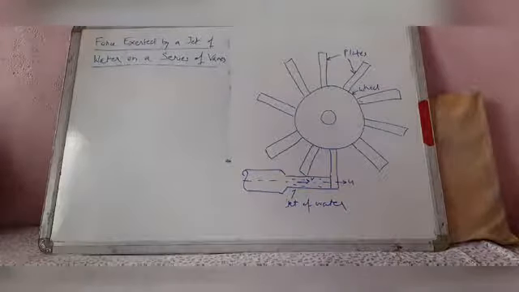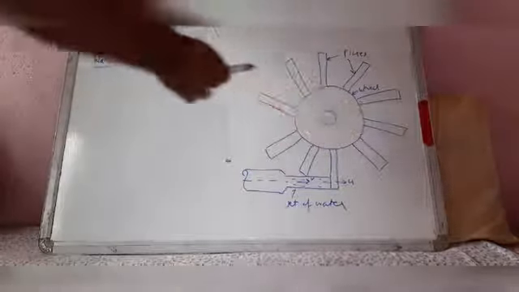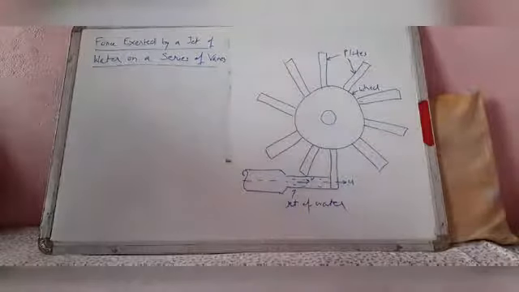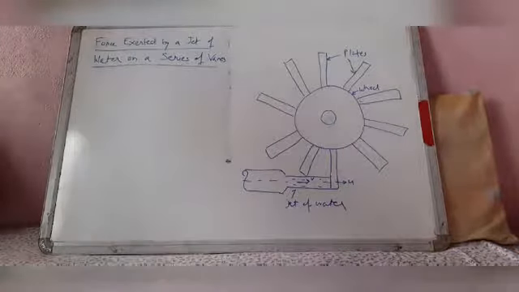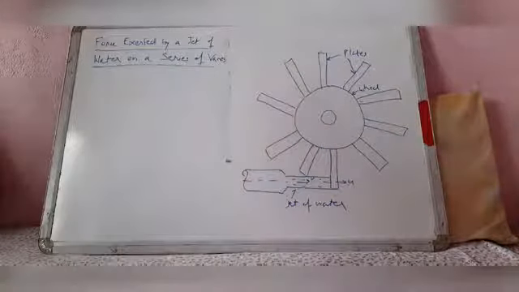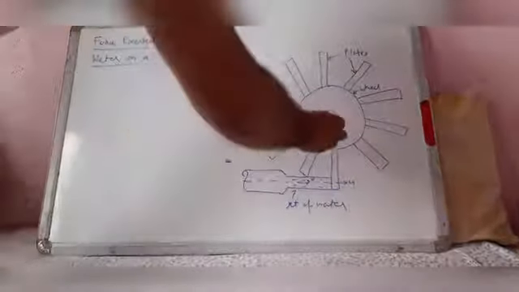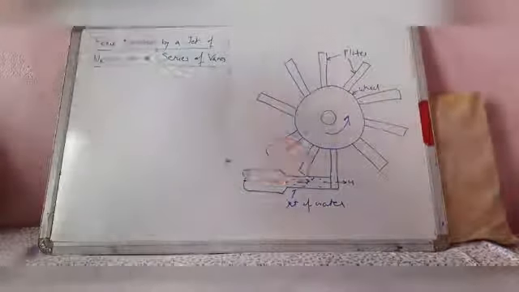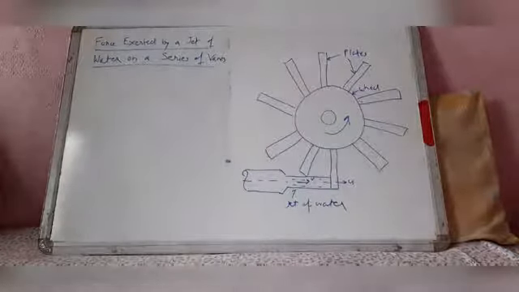In actual practice, a large number of plates are mounted on a wheel, and the jet strikes a plate, and due to the force exerted by the jet on the plate, the wheel starts moving. The next plate mounted on the wheel appears in front of the jet, which again exerts a force on the second plate.